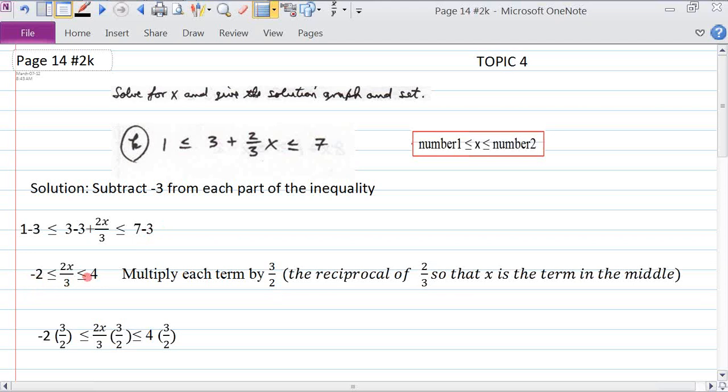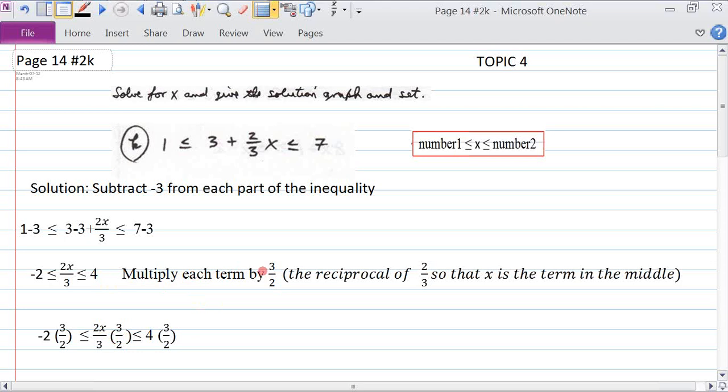Now there's a problem with this expression because this middle part is a fraction. I don't want a fraction. So what I'm going to do is multiply each term by 3/2. This is the reciprocal. Because if I multiply by 3/2, you can see here, I'm going to get rid of the 3 here, I'm going to get rid of the 2 here, and I'm just going to get x.